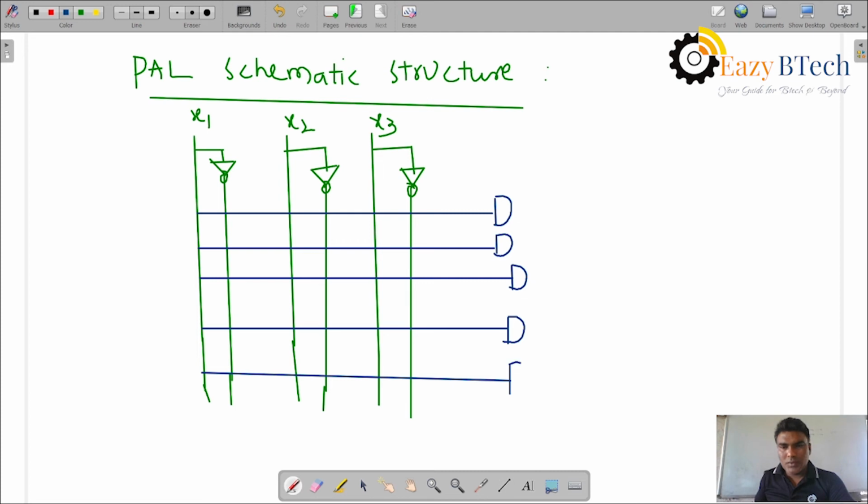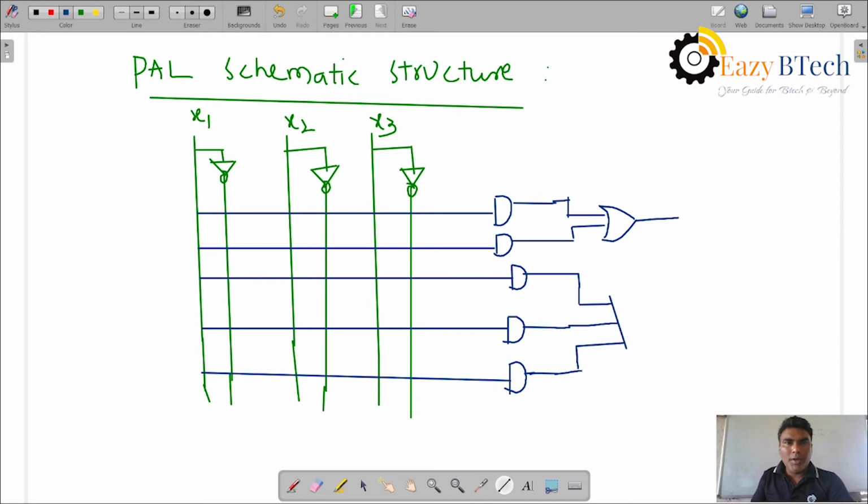So it is a schematic representation. Depending on the product terms which we use, the outputs are connected to the OR gates. Let me connect this one to one OR gate, and these three product terms are connected to one OR gate.